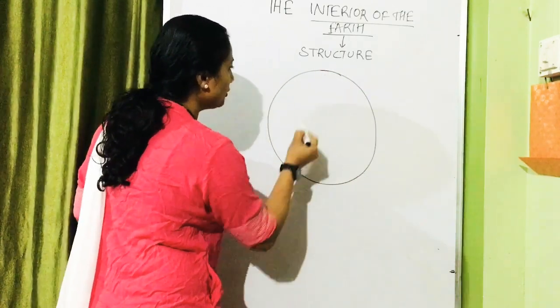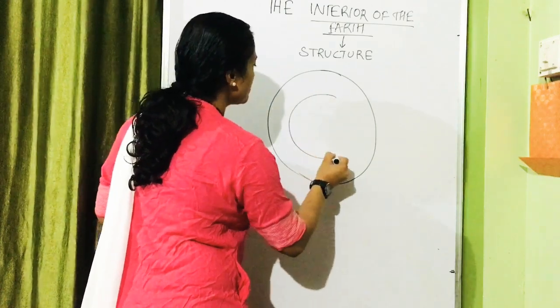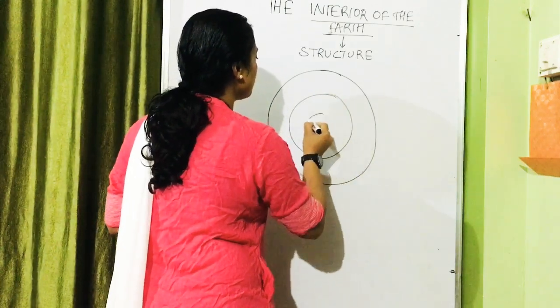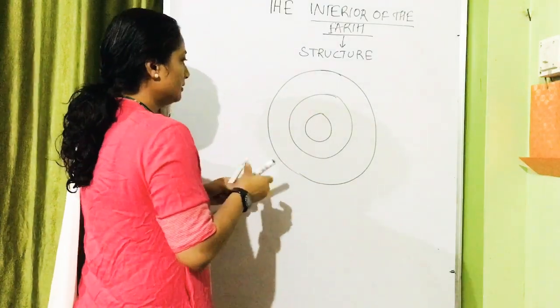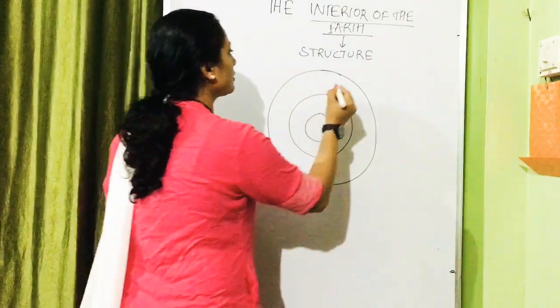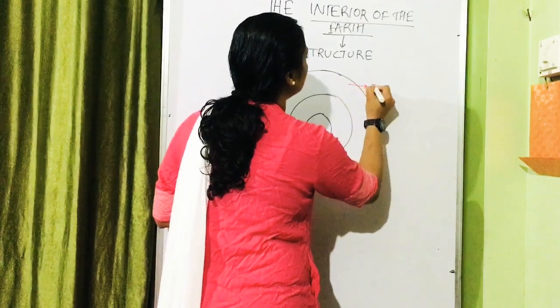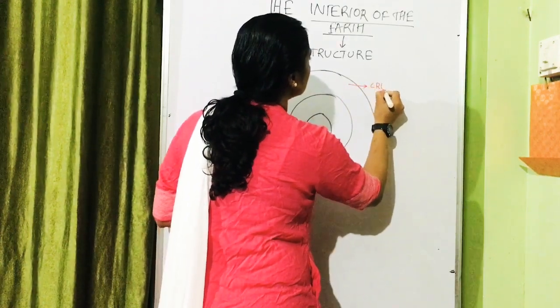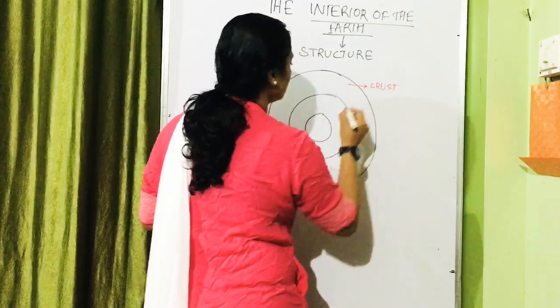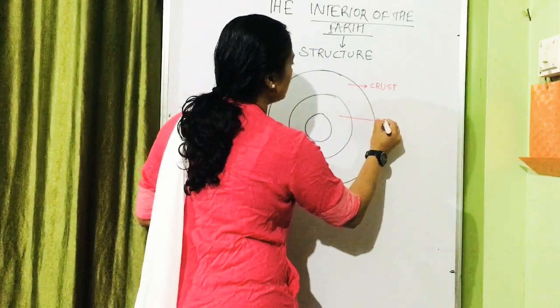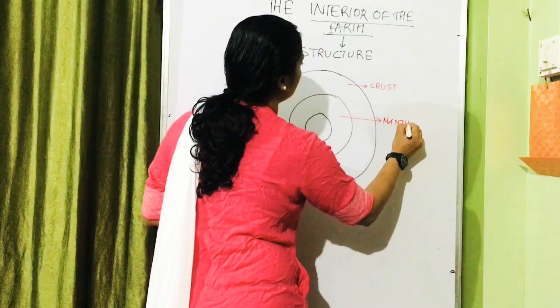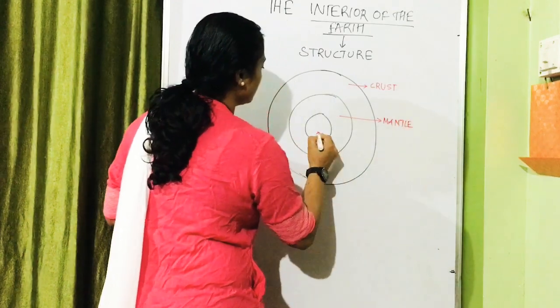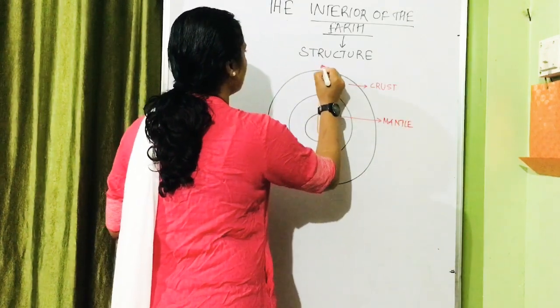It can be divided into basically 3 concentric layers, and these 3 concentric layers are crust, mantle, and core.